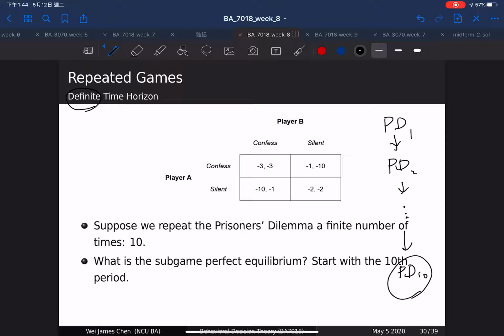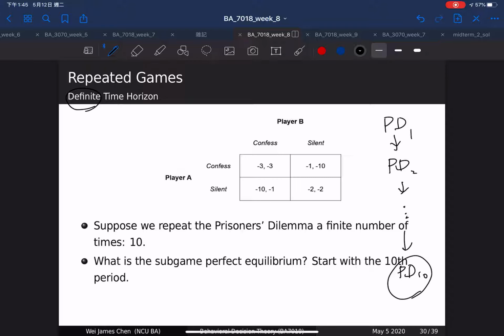You also confess. And the other person thinks the same way, so they will also confess. And since this is what happened in round 9, if you go to round 8, it will be clear that round 9 and round 10 will be played that way, so you will also confess in round 8. And so on, you go back to round 1, you will also confess.